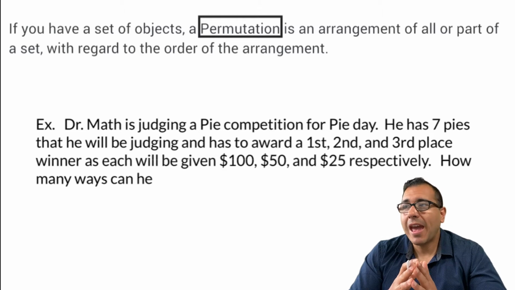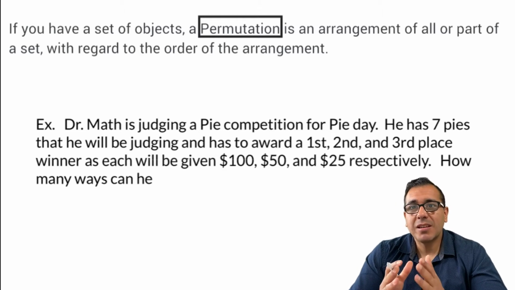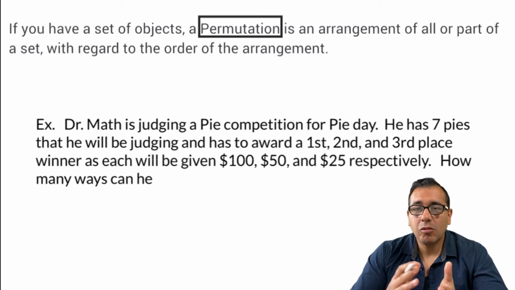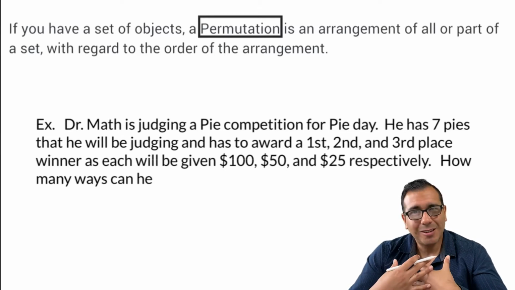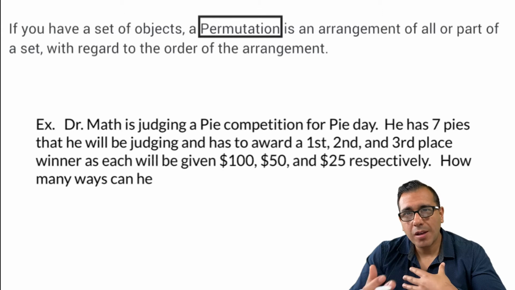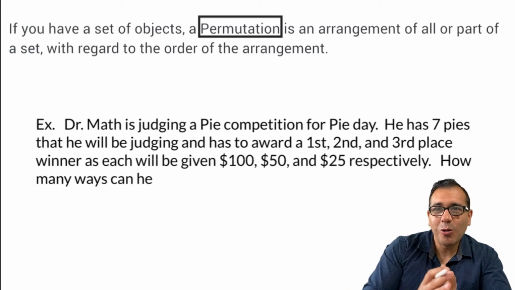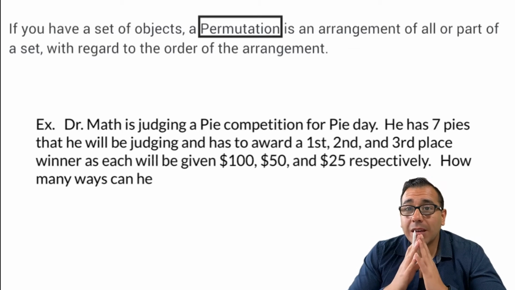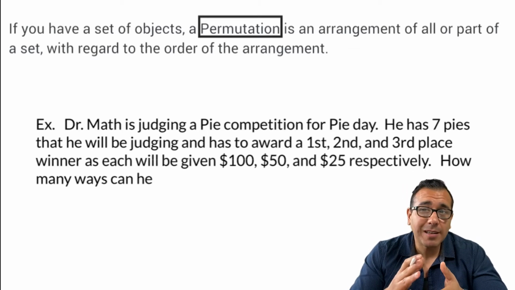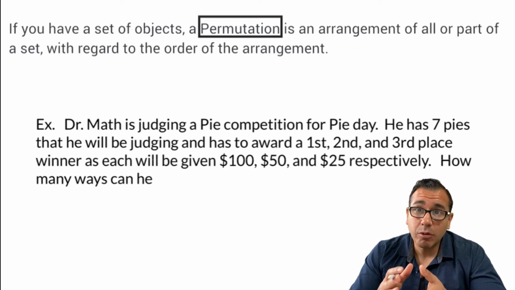Or if I have a first place, second place, and third place winner, and they get gold, silver, and bronze, Dr. Math wants the gold. I don't want the bronze. So the order matters. That's what we're looking at when we talk about permutations. We're really saying that the order is important.